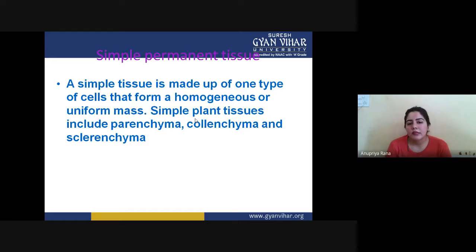If all these things are different, we can consider it a heterogeneous tissue. But if they are all similar, we can call it a homogeneous tissue. So our simple permanent tissue basically includes these three tissue systems: parenchyma, collenchyma, and sclerenchyma.